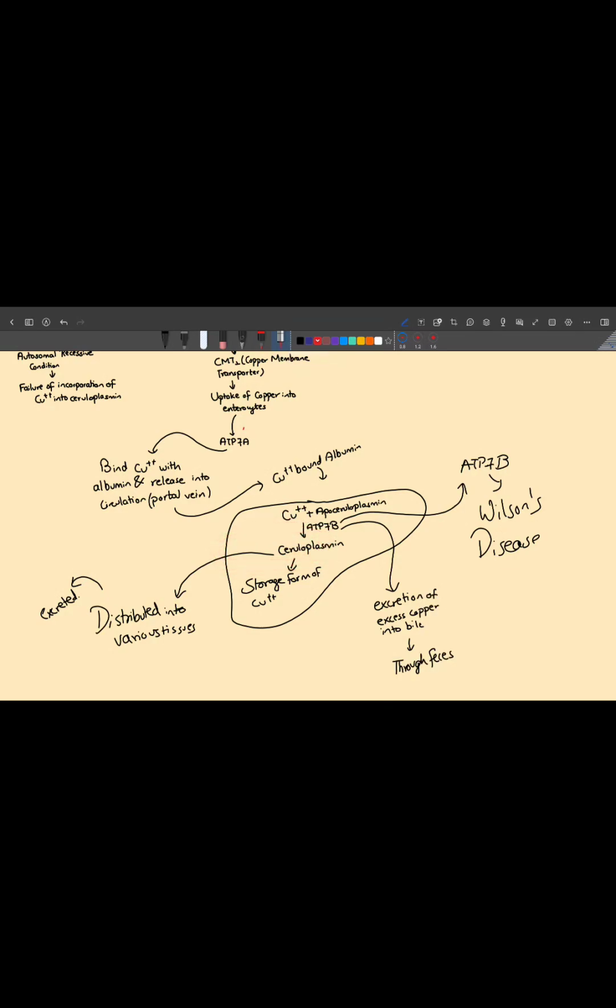No storage form means it can't be distributed into multiple tissues, and there will be a problem in excretion. So technically there are high levels of copper, but at the same time there is no mechanism to utilize it. That's our Wilson's disease.